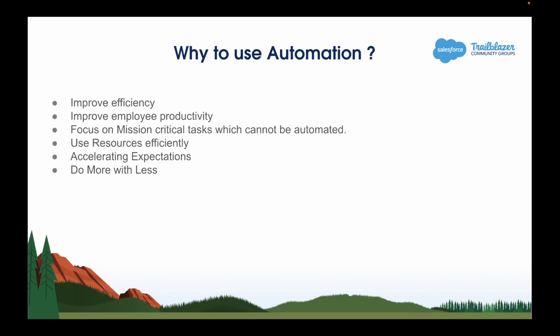They can't just go on spending money and not be able to earn profits. Because of this, companies try to use automation. The other reasons are to focus on mission-critical tasks which cannot be automated, use resources efficiently, meet accelerating expectations, and do more with less. So these are the reasons why we need to use automation.